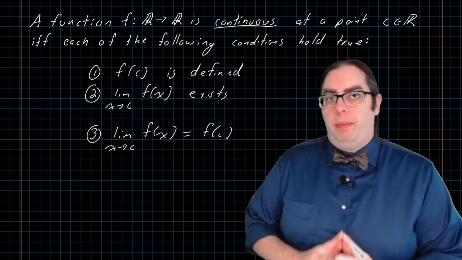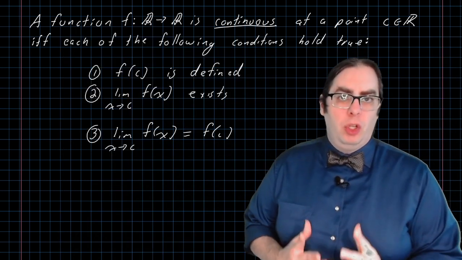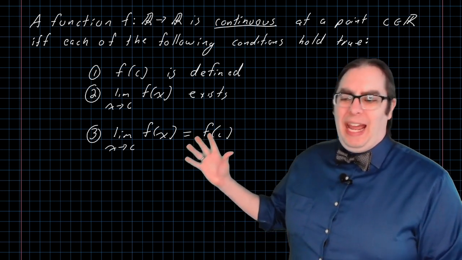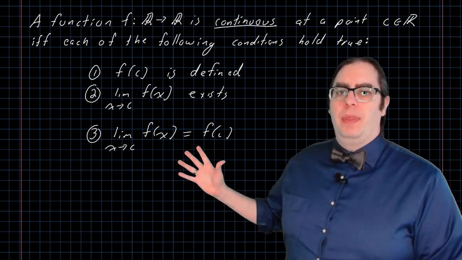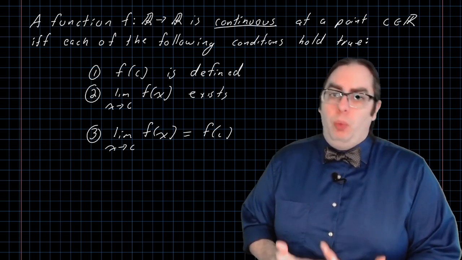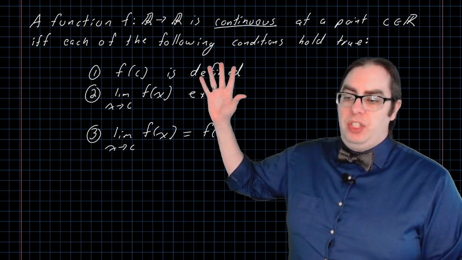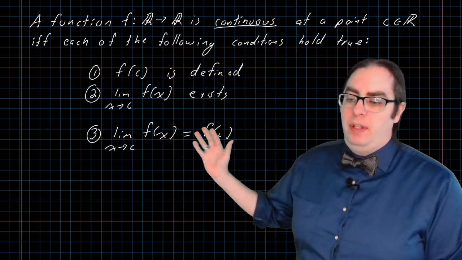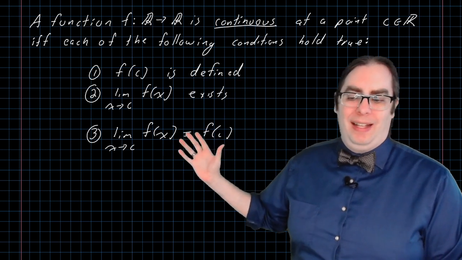There's a lot to unpack here, and I want to start looking at the conditions. This third condition actually is all we need. If you go into higher level mathematics, you will see the definition of continuity: a function is continuous at a point if and only if this third condition holds, and that's it.